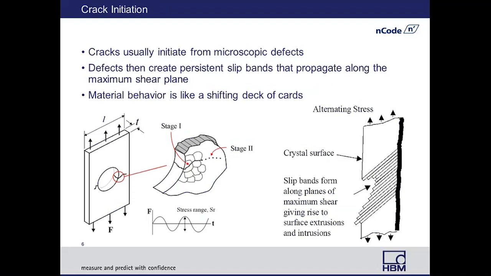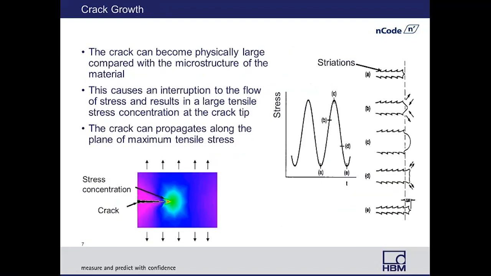And these slip bands are going to be along a maximum shear plane. You can see over on the right, these shear planes are going to be at a 45-degree angle to the alternating stress. You can think of that material as behaving like a shifting deck of cards. Again, these are microscopic in scale, smaller than the grain sizes in the material.